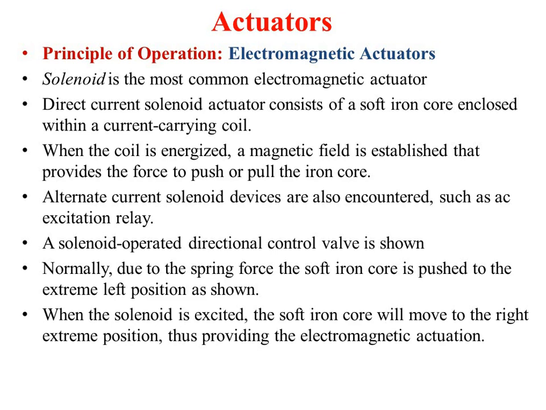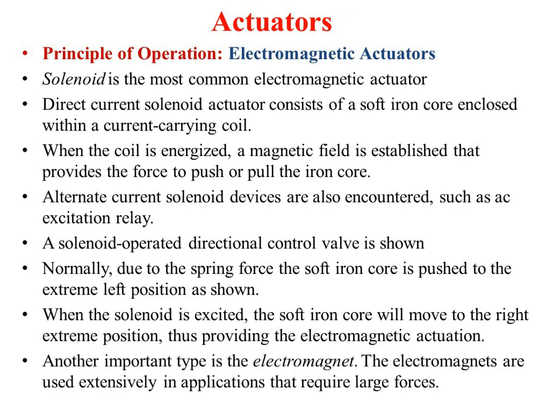So when the solenoid is excited, the soft iron core will move to the right, and thus providing the electromagnetic actuation, and when it is deactivated or de-energized, then it will come back to its original position to the left side.